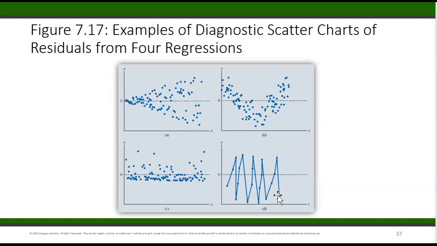So this shows that these data points are not selected randomly. There is a systematic relationship between the errors here. So that violates the independence condition for residual.